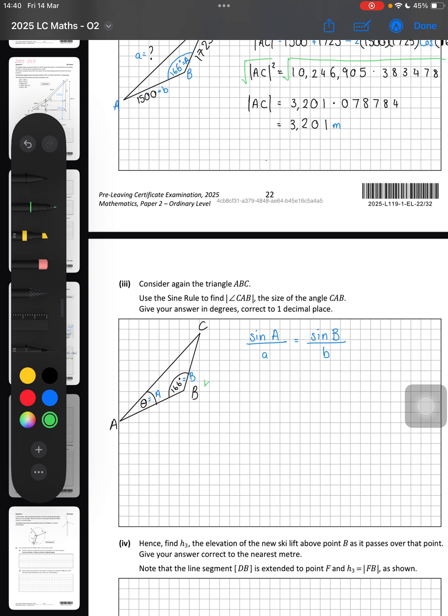So this side here has to be small a, because it's opposite the angle large A. And this side here, because it's opposite the capital B, has to be side small b. So that is how I need to fill this in. That side there, the small a side, we can see up here is 1725. So small a is 1725. Small b, we've just found it over here, it's 3201.